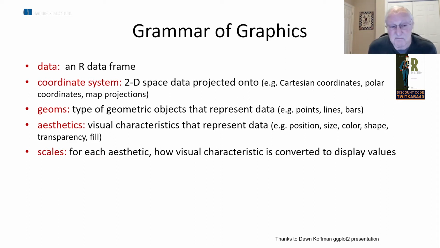And then scales. So for example, I might say, I want the size of a point to represent years of experience. Well, how are we going to create that? How are we going to relate the size of the point to the years of experience? What's that formula basically from going from years of experience to size of a point? And that's the scale. Most of this will be handled for you automatically.